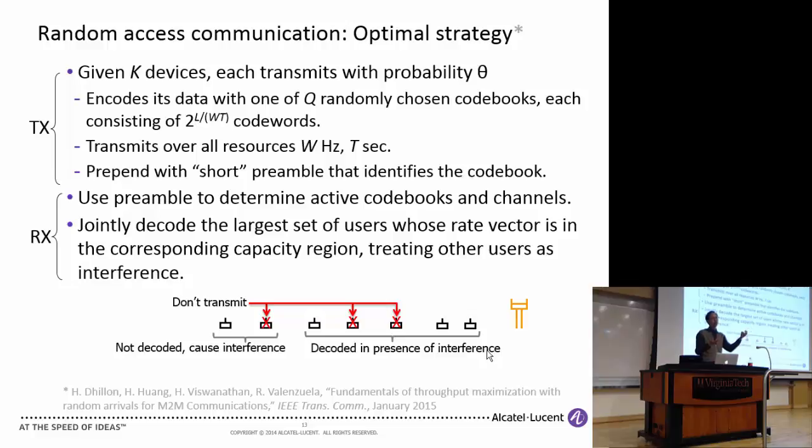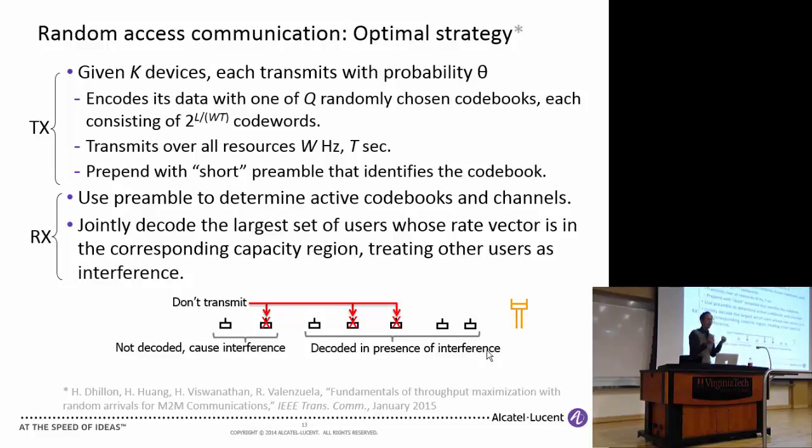In the conventional multi-access case, it's scheduled in the sense that the base station knows which devices are communicating. It knows to look out for each of these devices and to demodulate them using some knowledge about their codebooks.